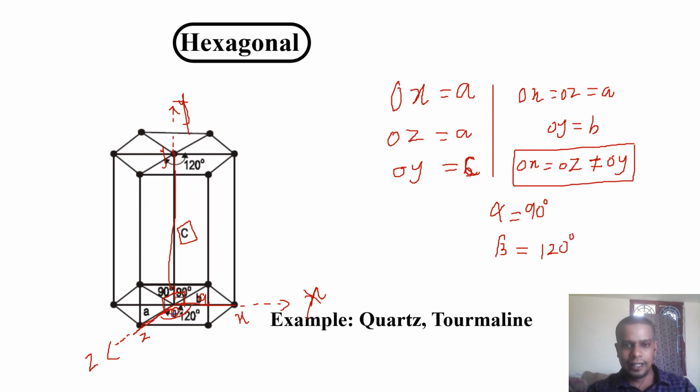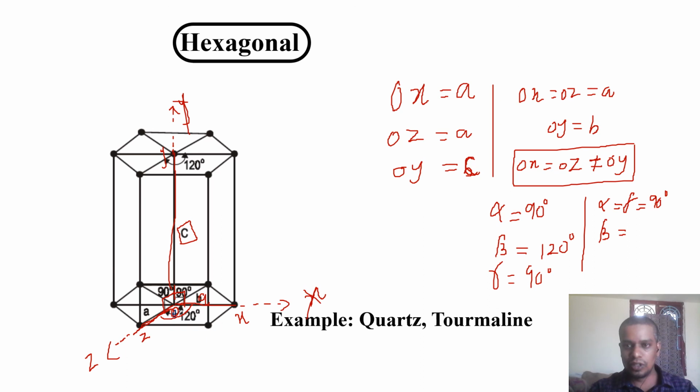Then if you are taking the gamma, the angle between X and Y, that will be equal to 90 degree. Hence, there is another condition it has to satisfy. The interfacial angle alpha is equal to gamma, they are equal to 90 degree. So the beta equal to 120 degree.